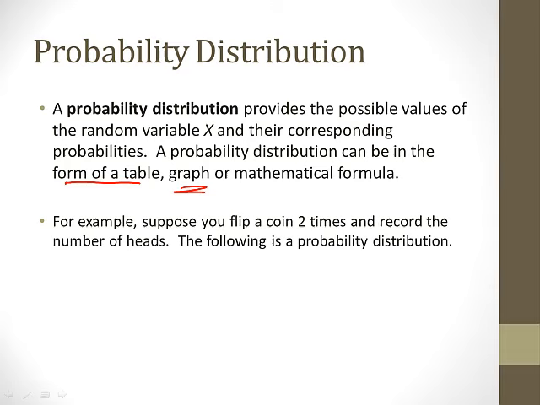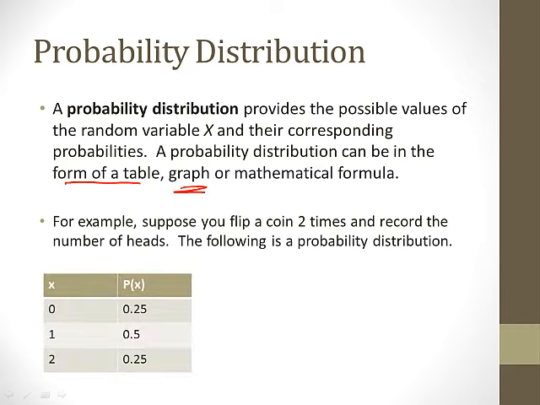So for example, suppose you flip a coin 2 times and record the number of heads. The following would be a probability distribution. Just think of all the possible values. So x is my random variable, the number of heads. So again, I flip a coin 2 times, so what could possibly happen? I could get 0 heads, right? I could just get tail, tail.